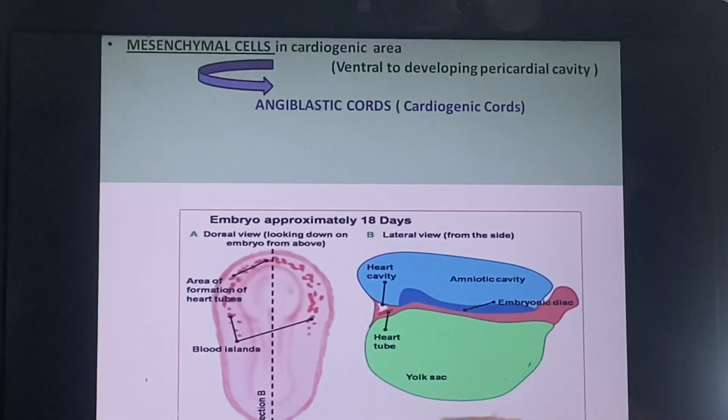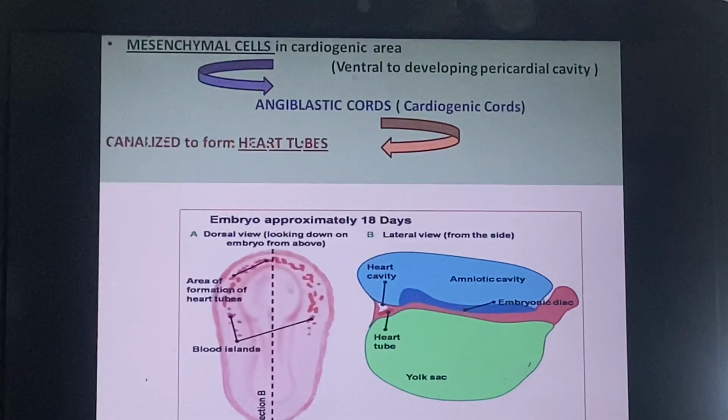In the previous diagram I showed you the blood islands and the mesenchymal cells present there. They condense to form the angioblastic cords. Later these angioblastic cords are canalized to form tubes. So they become hollow structures, and they form the heart tubes.